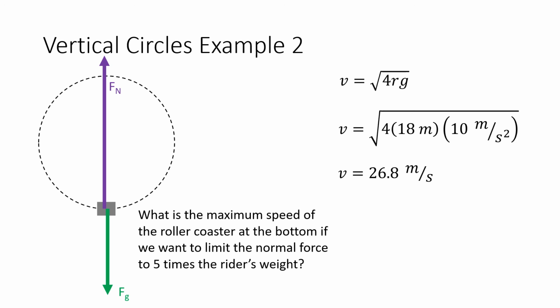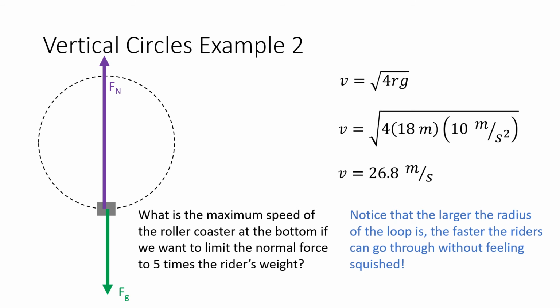So if I exceed 27 meters per second at the bottom of this roller coaster, my riders are going to feel a larger normal force than 5 times their weight. That's about the point where you start to experience things like tunnel vision and blacking out for people riding on roller coasters. So it is something we want to consider when we design a roller coaster.